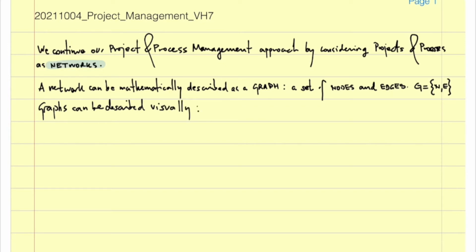Okay, so one example, for instance, we can say we have a network with, let's say, 4 nodes, 1, 2, 3, and 4, and then we have some edges connecting these nodes.